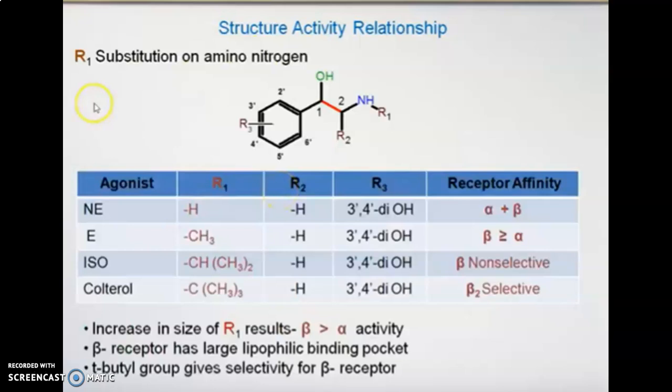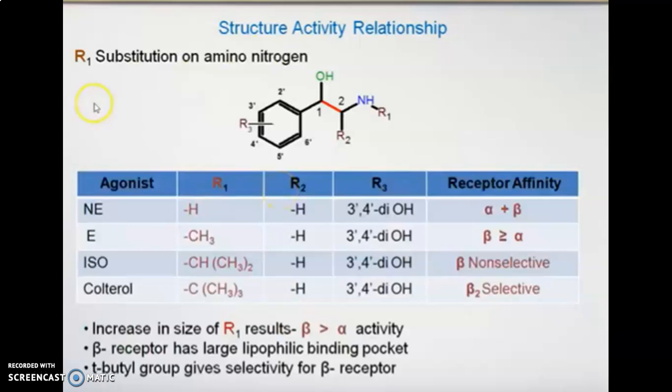If we substitute this amino group with the isopropyl group, it will lead to isoprenaline, which has more beta non-selectivity and complete absence of alpha selectivity. While salbutamol, which has a tertiary butyl substitution on the amino group, is completely beta-2 selective.